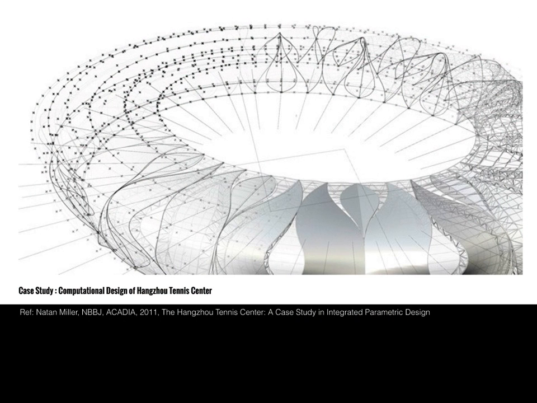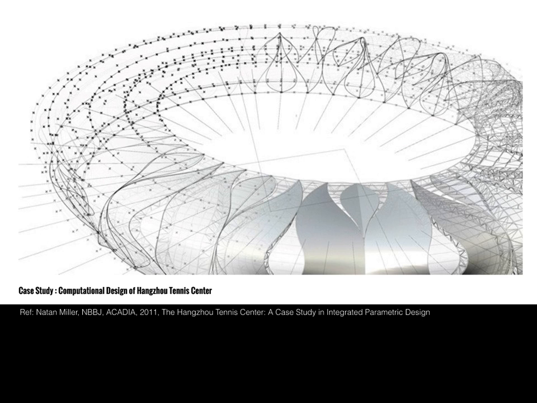And one more project by a large American office, NBBJ. This is a strong design office with many branches throughout the world, but always very design conscious. The paper is published in the ACADIA Proceedings.